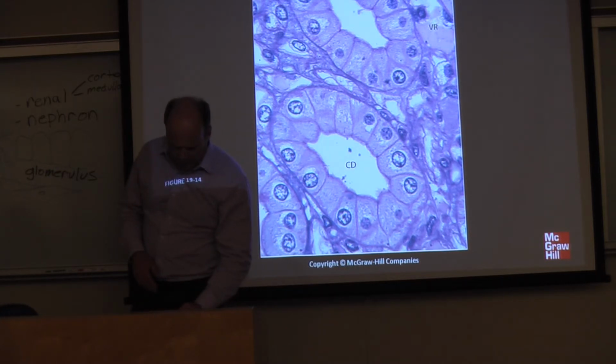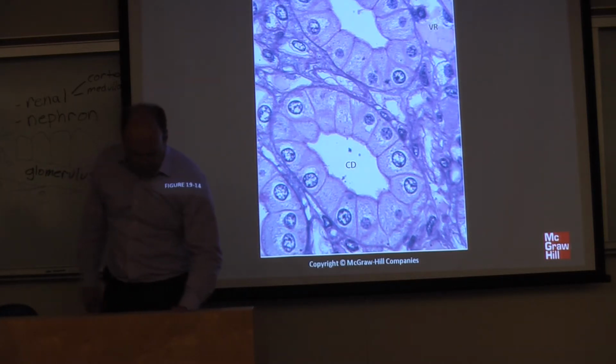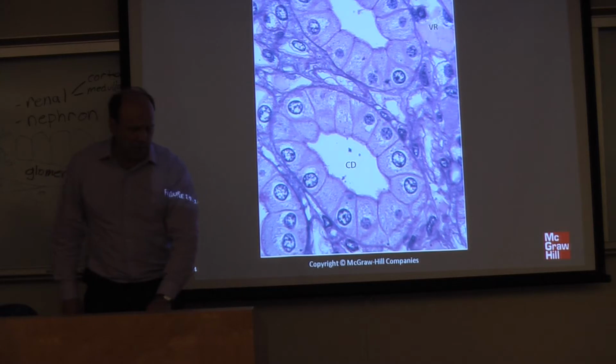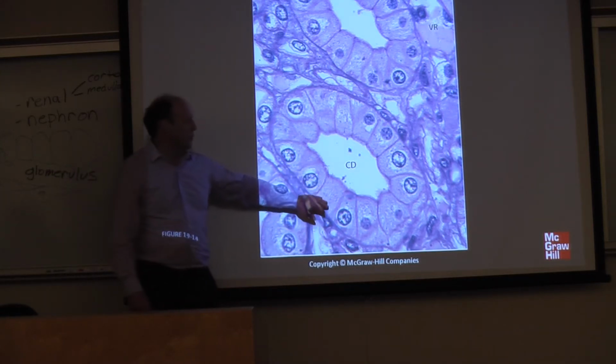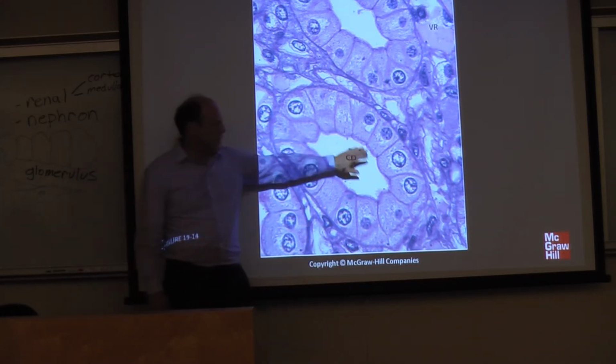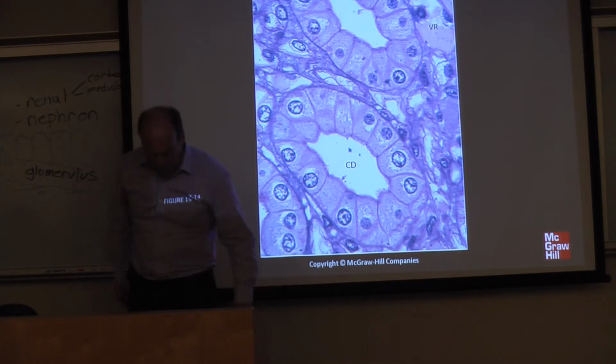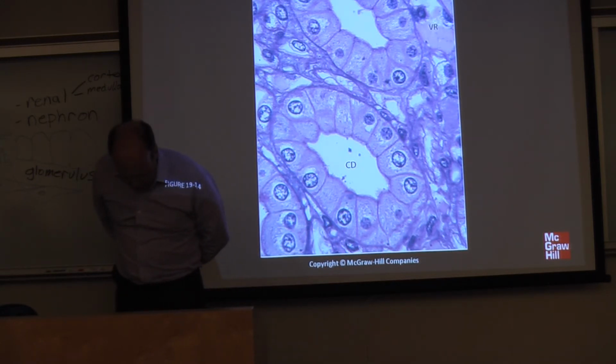Okay, so the pituitary is controlling ADH levels, and the principal cells in the collecting duct are responsive to that. And this is what this picture shows. It shows the collecting duct, and these are the principal cells, and they're ADH regulated.